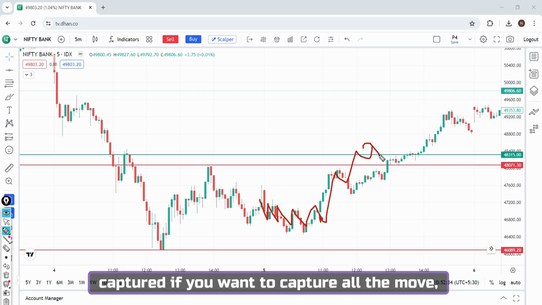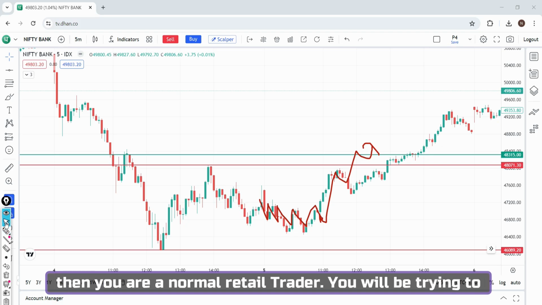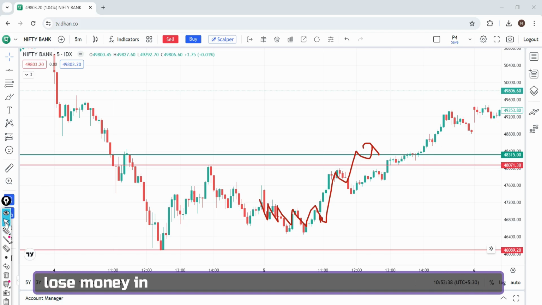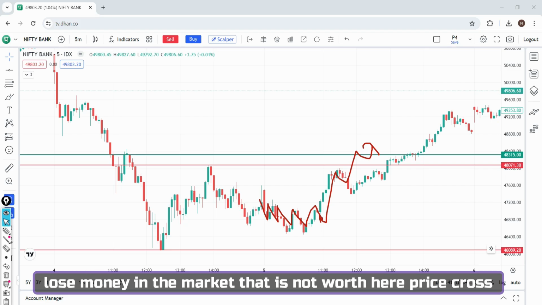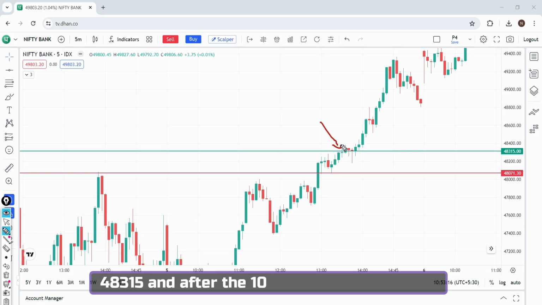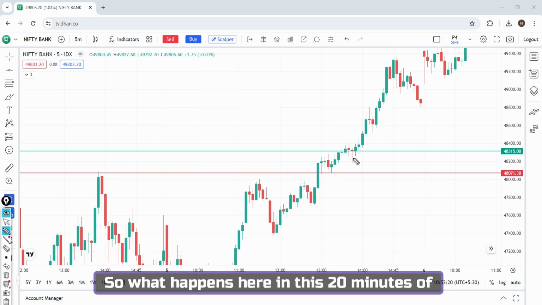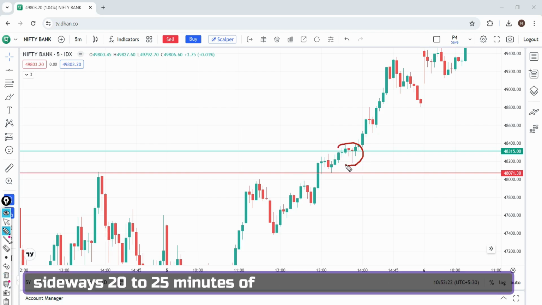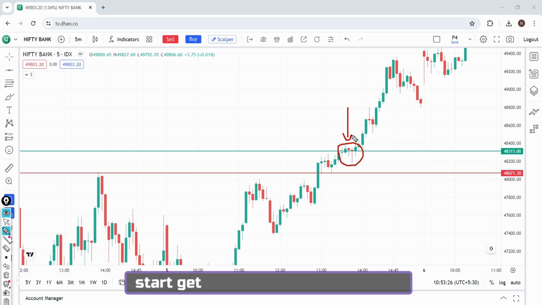If you want to capture all the moves, then you are a normal retail trader. You will be trying to lose money in the market. That is not worth it. Here price crossed 48,315 and after that 10-15 minutes sideways. So what happens in these 20-25 minutes of sideways, most retail traders will start getting questions in their mind.